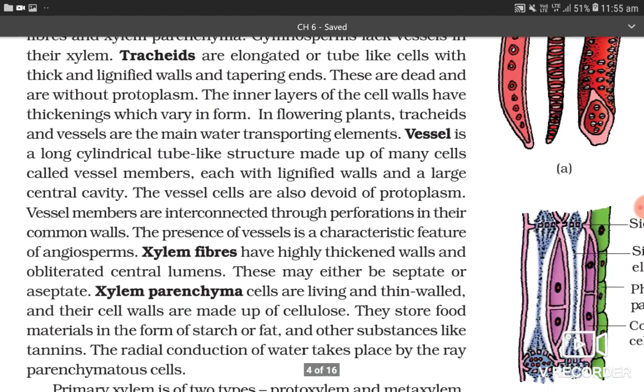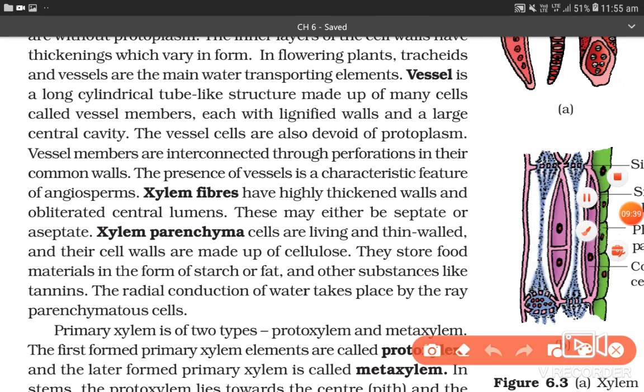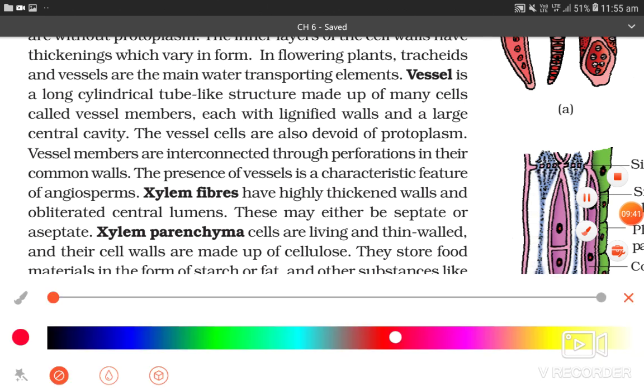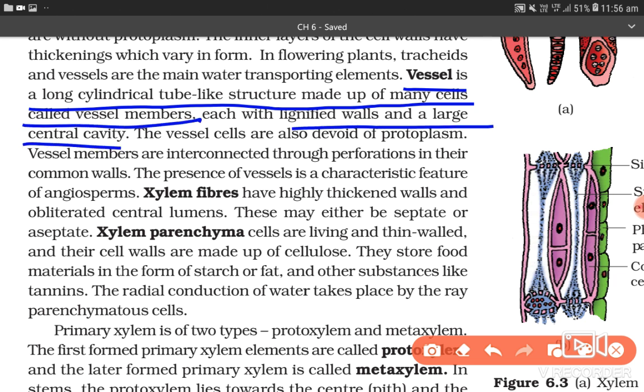Vessel is a long, cylindrical tube-like structure made up of many cells called vessel members, each with lignified walls and a large central cavity.